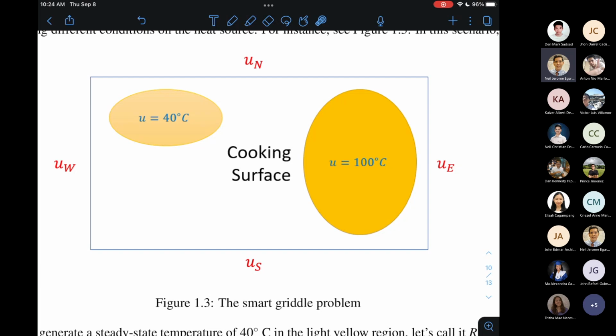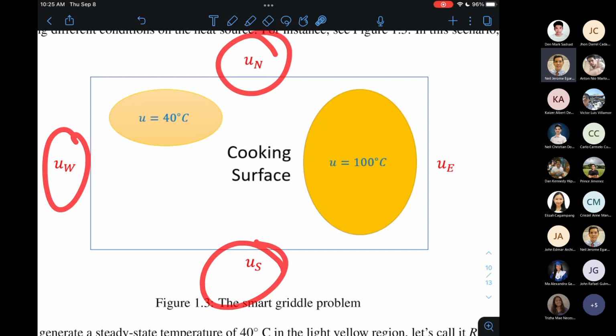Alright? So, hindi ko sure kung tama itong temperature, pero halimbawa dun sa isang cut, gusto ko 40 degrees, kailangan ko siyang lutuin sa temperature 40 degrees. Yung isang cut, kailangan ko siyang lutuin using 100 degree Celsius. Alright. I want to determine the inputs. What are the inputs again?